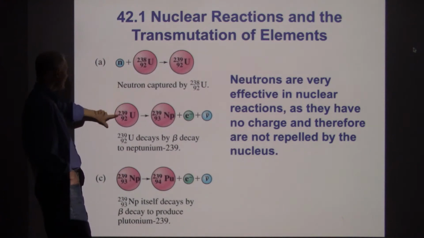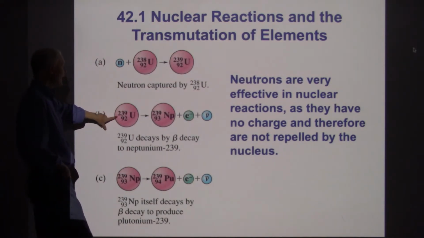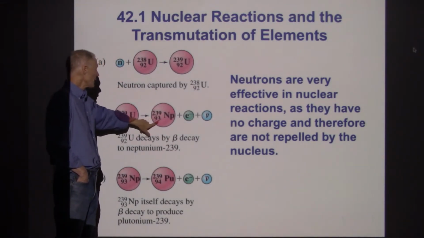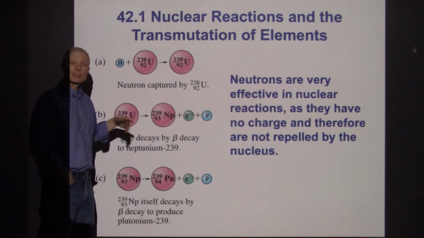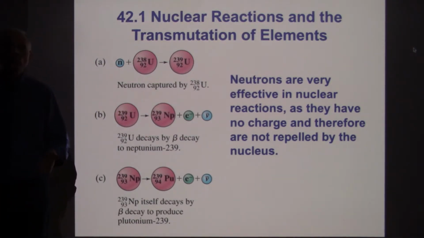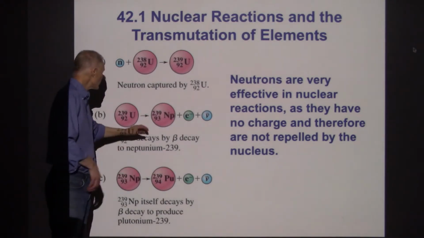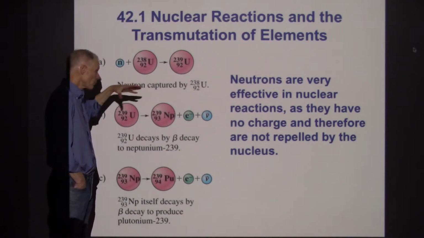Now, the uranium-239 undergoes radioactive decay, and it actually undergoes beta-minus decay, turning into element 93, which is not naturally occurring. So there is no element 93 left in nature.